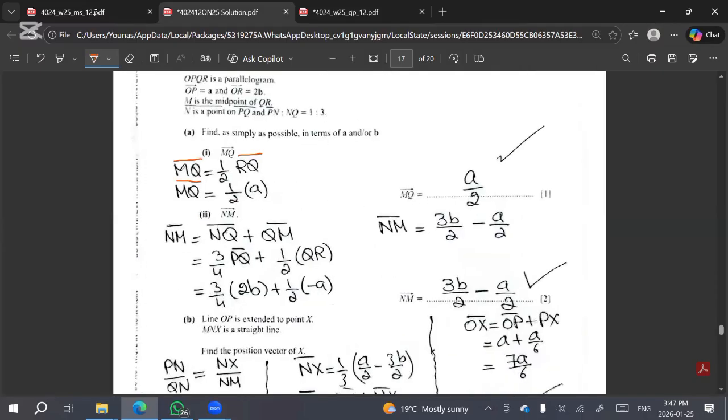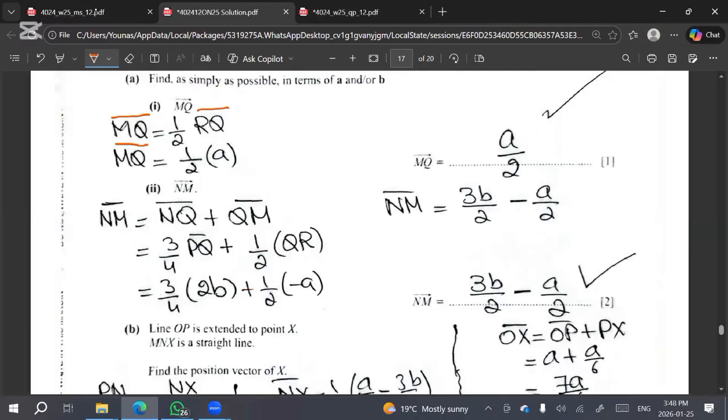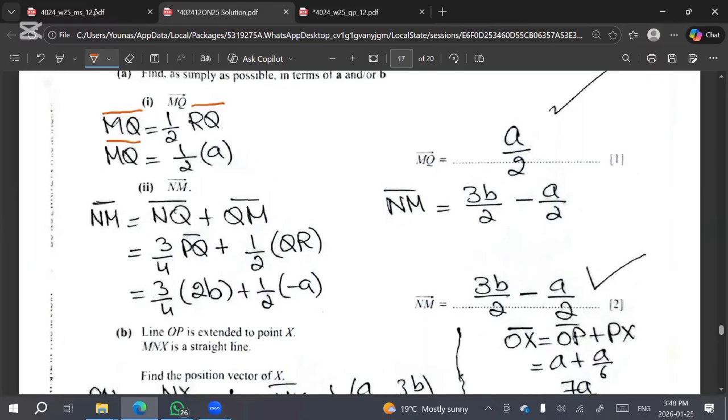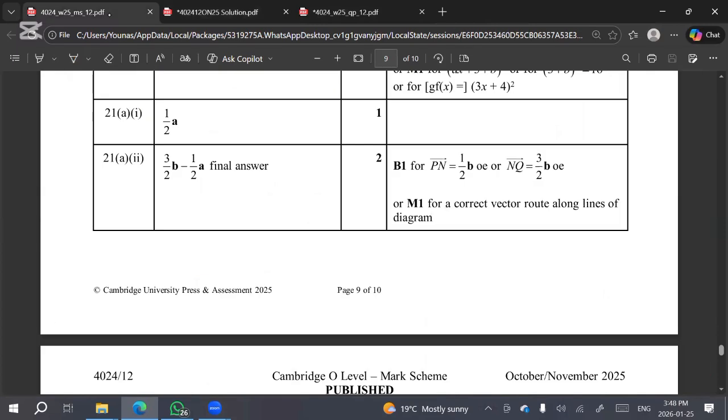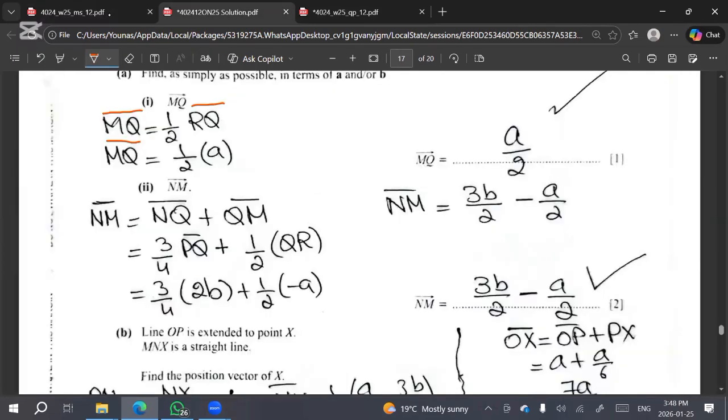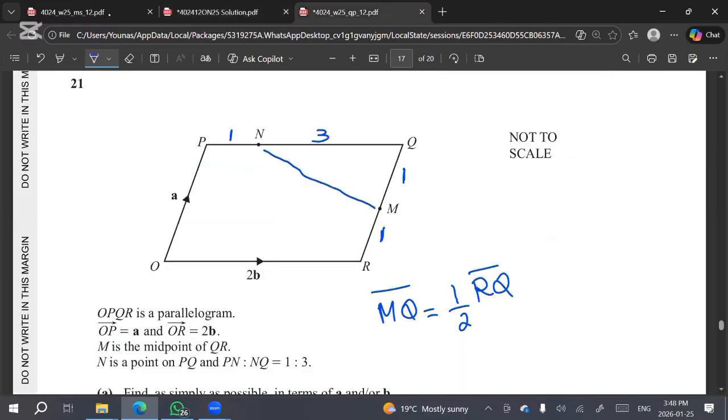The PQ means 2B and the QR means minus A. So you will have 3 to the 2 and 4 will be cancelled. So you will have NM equal to 3B by 2 minus A by 2. So this is how the value of the NM we can find out.